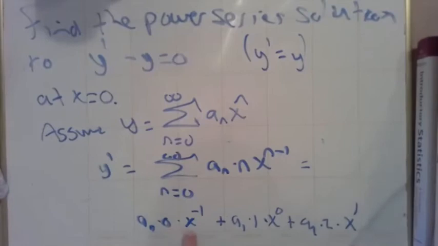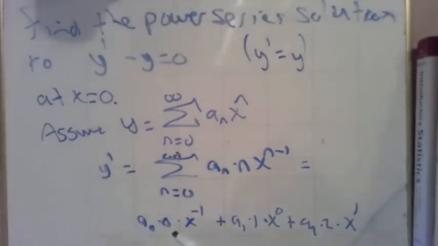This first term, that's not a power series first off. That bothers me that I've got an x to a negative power. That will never happen. We'll always have positive powers, but it doesn't matter because it was 0 anyway. 0 times anything is 0. This function was analytic at x equals 0, so I don't have to worry about this. This part doesn't even exist because I've multiplied it by 0.